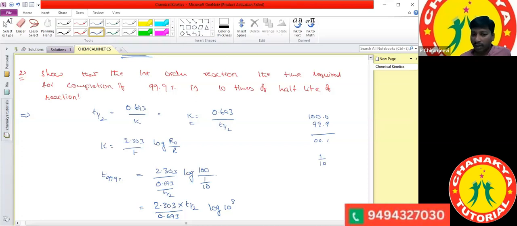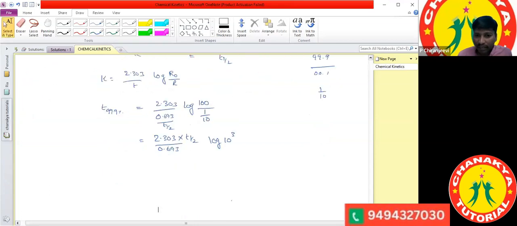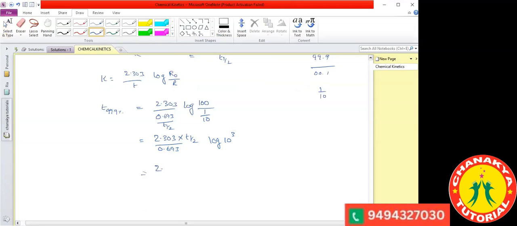So log of a power m, how can we write that? m log a. So 3 log 10.